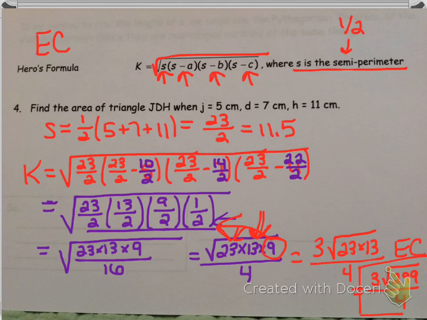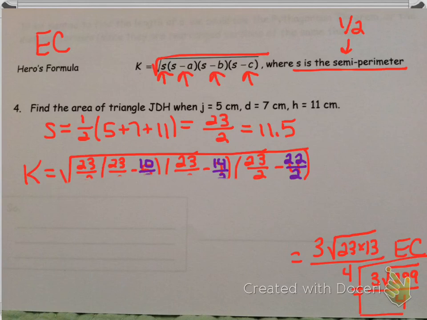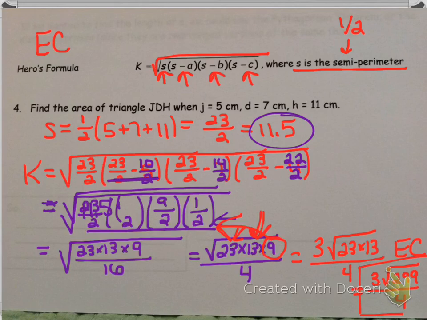Okay? Now, if you don't care about extra credit, if all you are going for is just get it right, turn it in, be done with it, remember that this unit requires calculators. And so what you would do instead is you would just take this 11.5 right here, and you would do the 11.5 for your S, 11.5 minus 5, which was this first parentheses right here, is just 6.5.